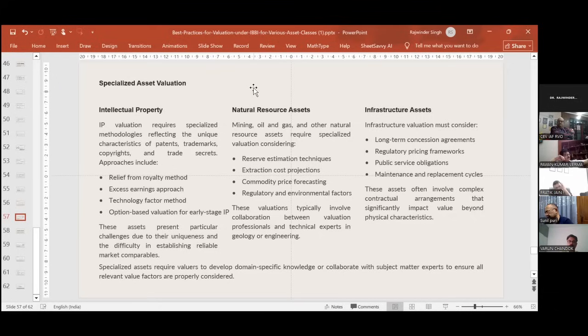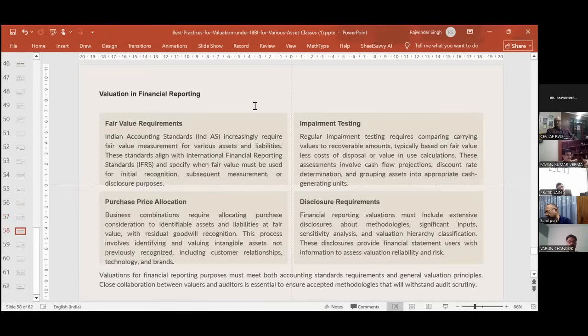These assets often involve complex contractual arrangements that significantly impact value beyond physical characteristics. So specialized assets require valuers to develop domain specific knowledge or collaborate with subject matter experts to ensure all relevant value factors are properly considered.